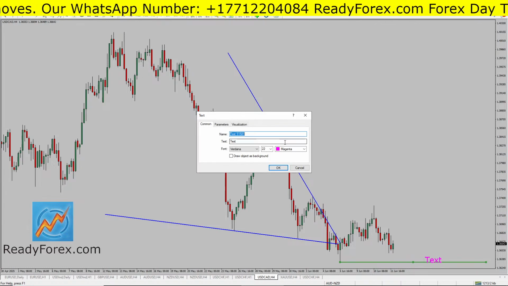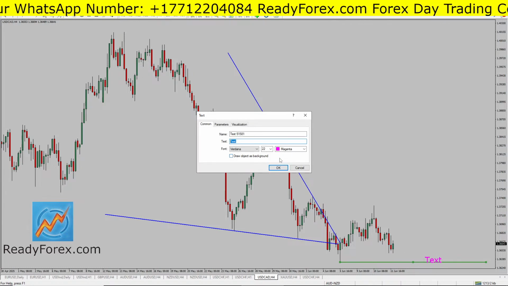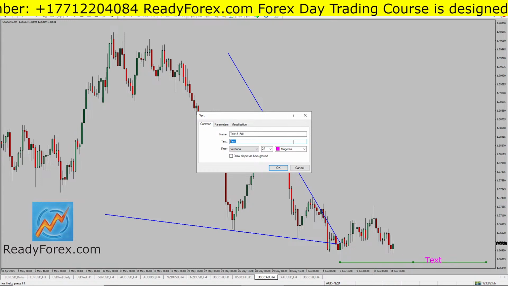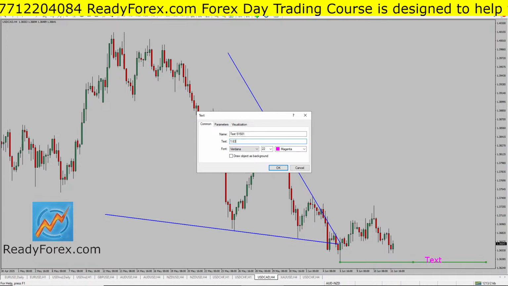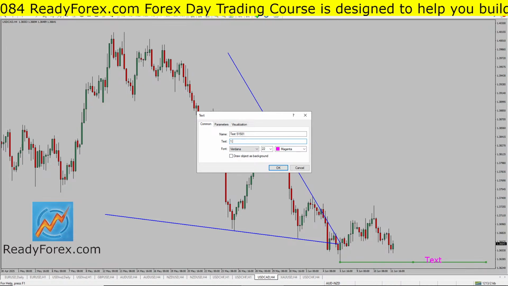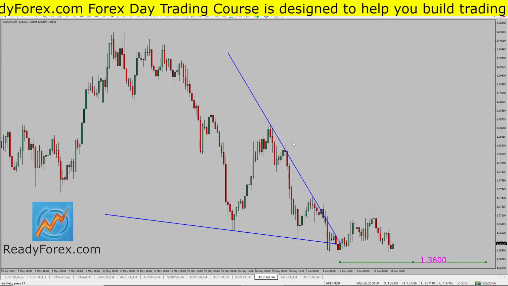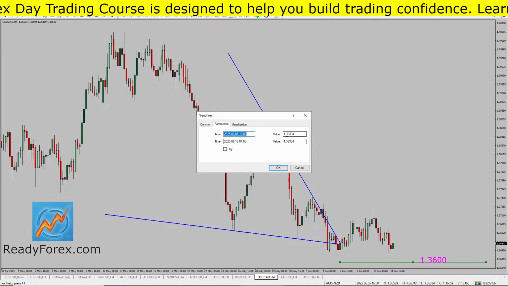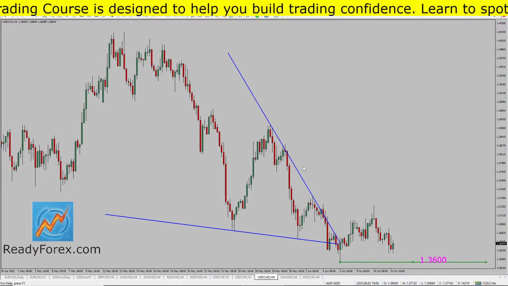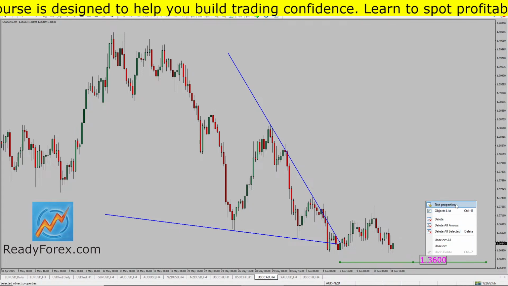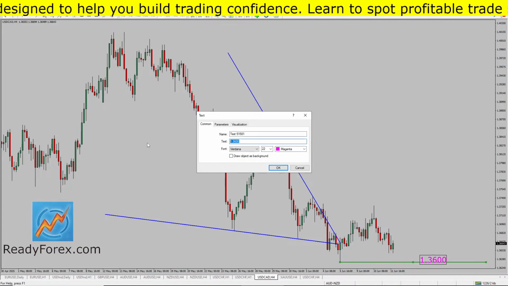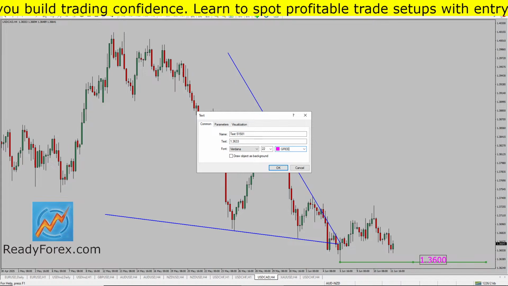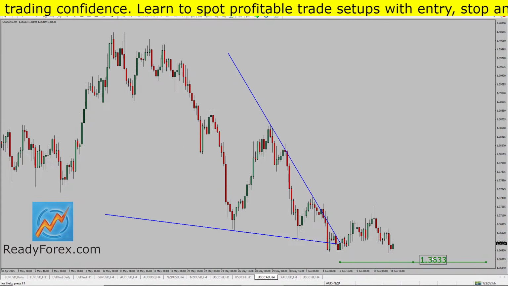So this is the support right over here, the level 1.36. Okay, I will come back to this level and just double check everything. So 1.3633. Okay, so this is the level 1.3633.